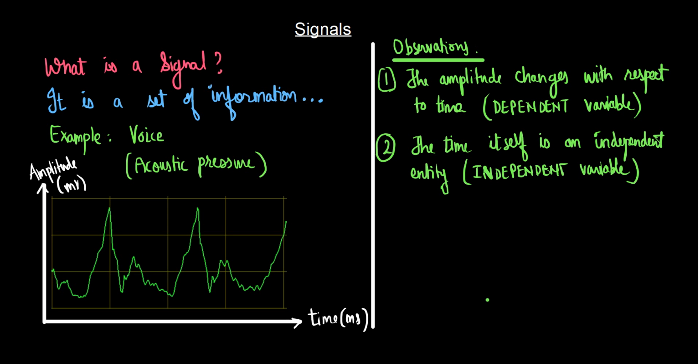Therefore, we may see that a signal is a kind of dependency or mapping between the independent variable, that is time, and the dependent variable, that is amplitude. For example, each of these values is dependent on the time.